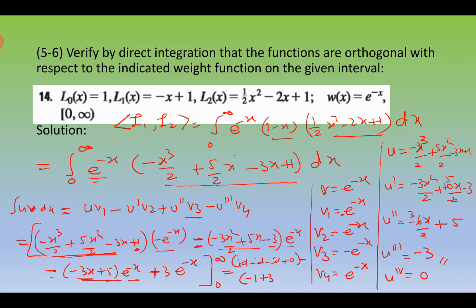And this final term will give you plus 3. Therefore, plus 3 minus 1, answer is 0.